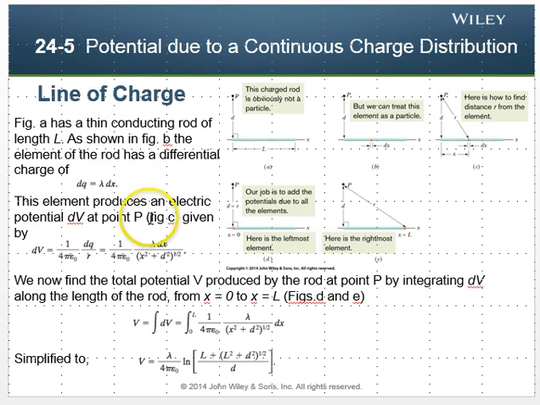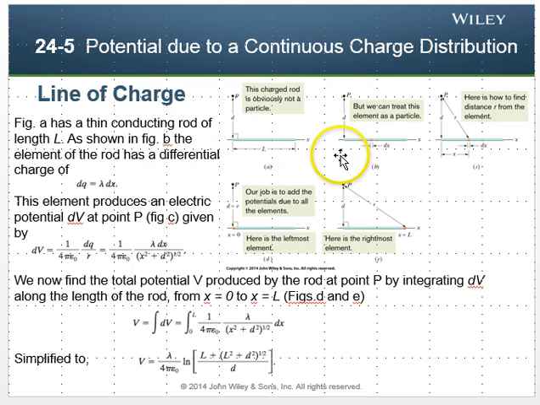So for a line of charge, dq equals lambda dx. We've got dq over r is lambda dx over the square root of x squared plus d squared. We integrate, and we end up with lambda over 4 pi epsilon naught times the log of L plus the square root of L squared plus D squared, where D is the distance from the charge.